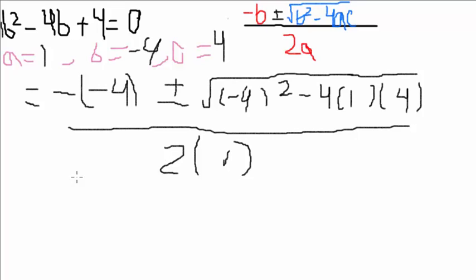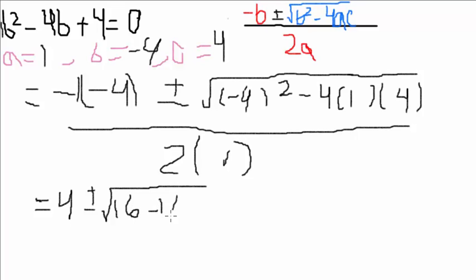Let's solve it a bit more here. So a negative times a negative is going to cancel out and become a positive. And so negative 1 times negative 4, that's going to be a positive 4. Plus minus the square root of 16 minus 16, which is 0.